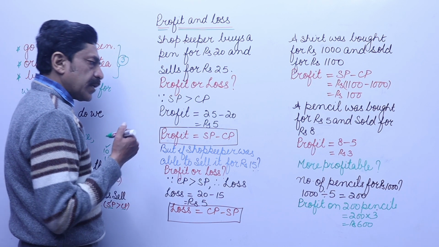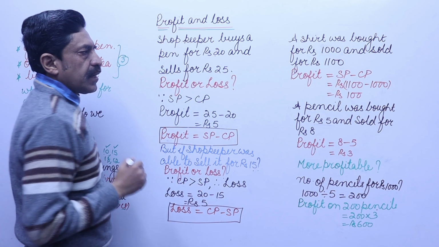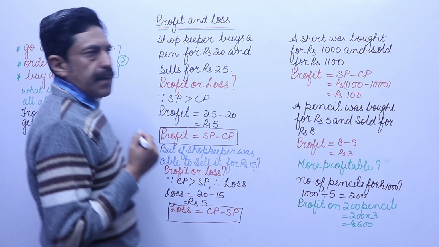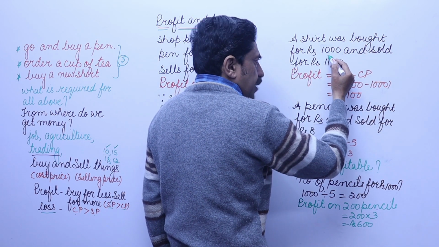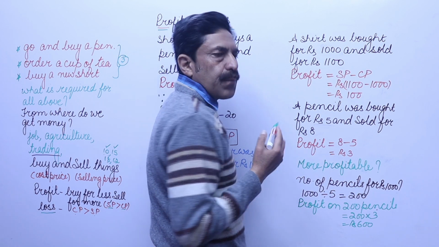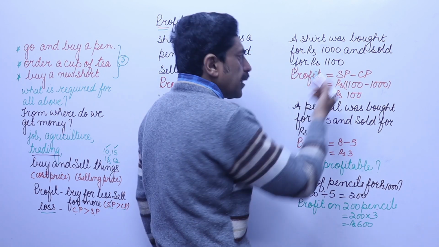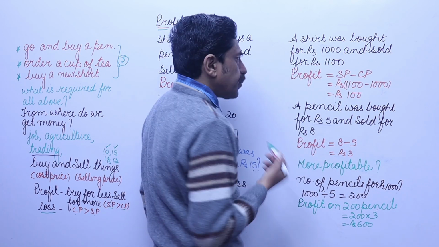Now let us try to understand more about profit and loss. Let us consider two more examples. A shirt was bought for rupees 1000 and sold for rupees 1100. Profit or loss? Clearly profit, because it was sold for more. How much profit?